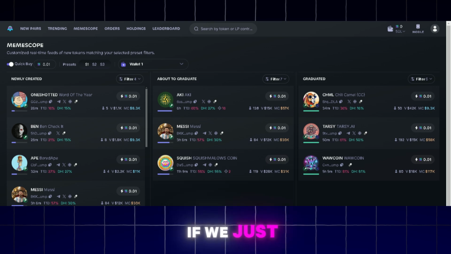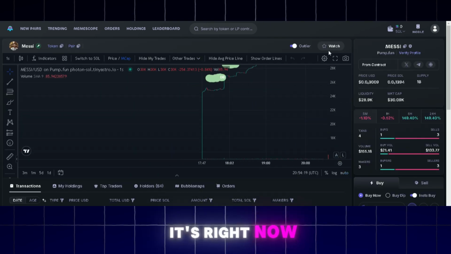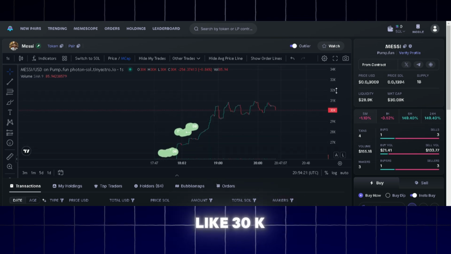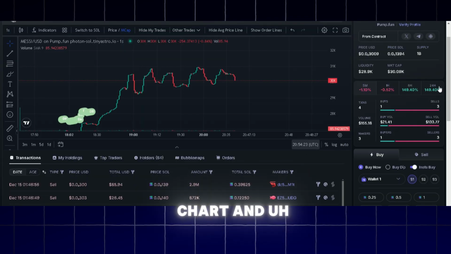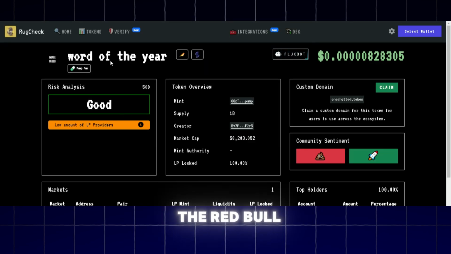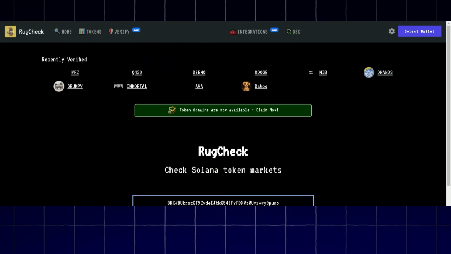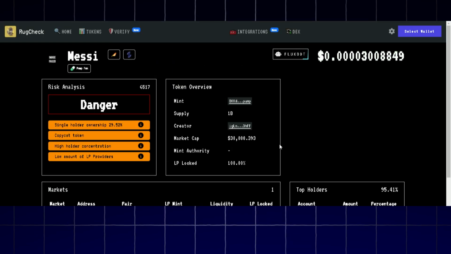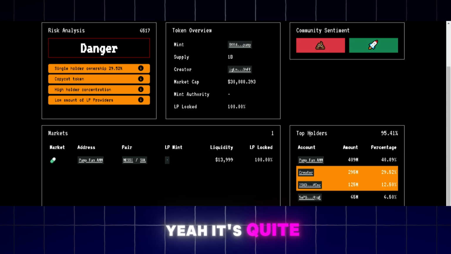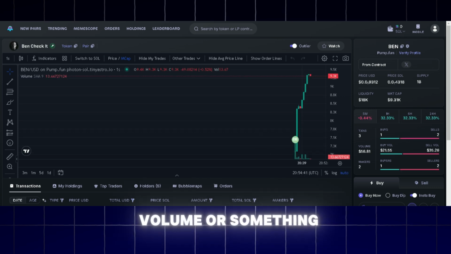For example, if we look at the Messi coin, it's right now on the 30k chart, and let's check. It's quite dangerous, everything is showing. I think it is fake volume or something like this.